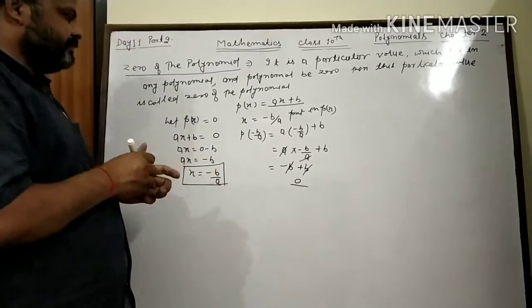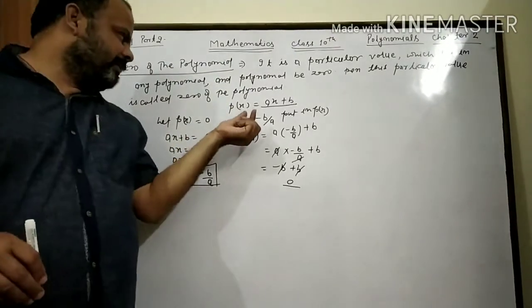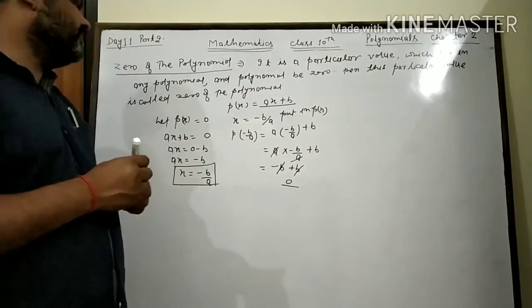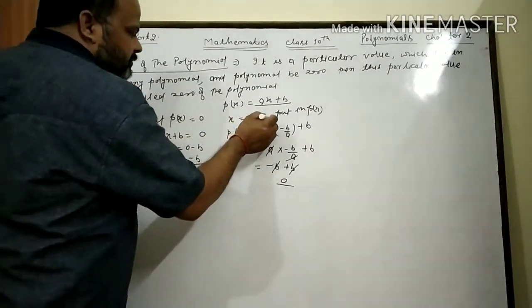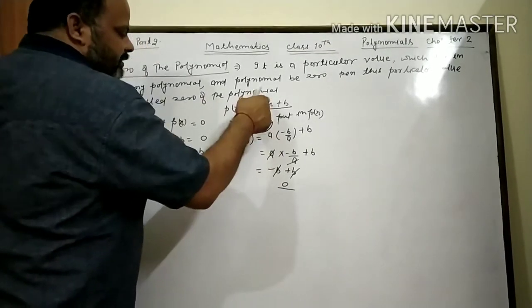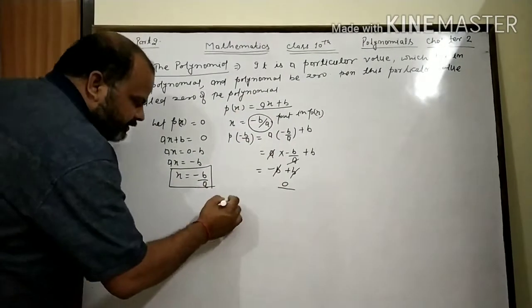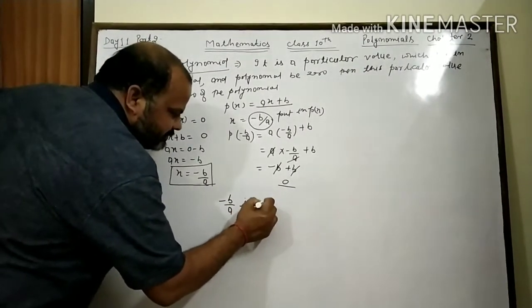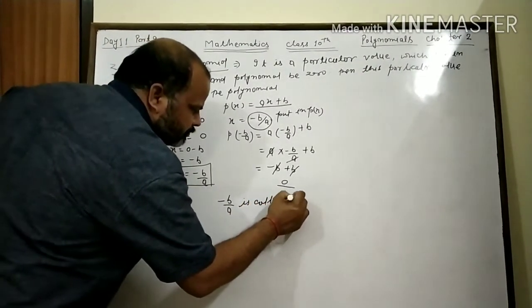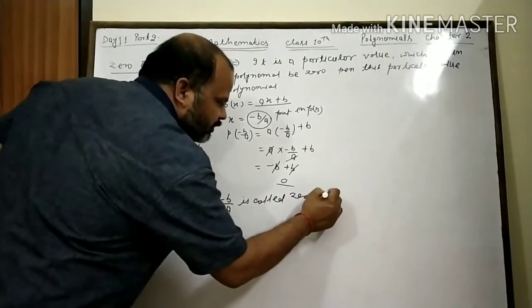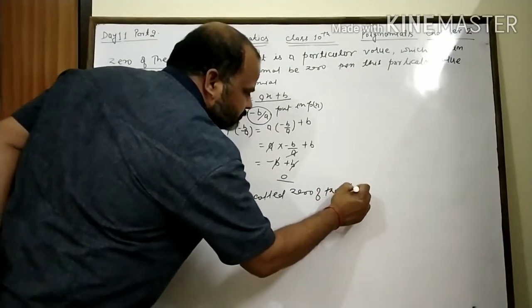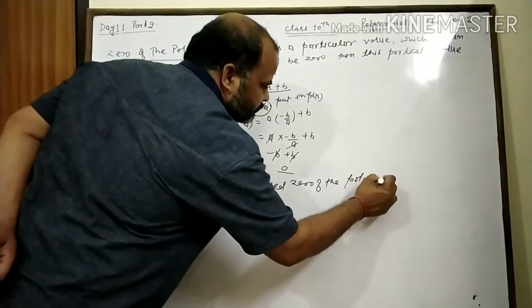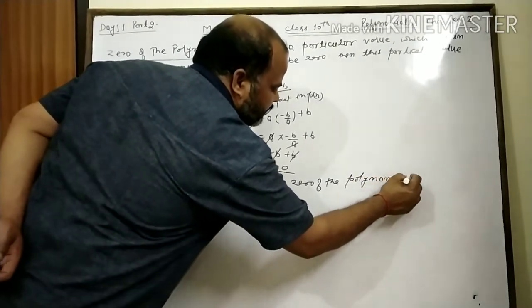It means in this polynomial, if you put x equal to minus b upon a, then we get 0. Then minus b upon a is called zero of the polynomial.